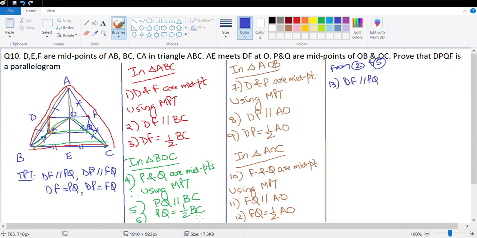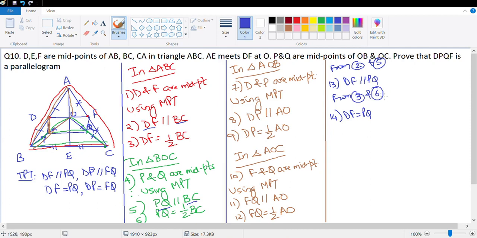Perfect. 2 and 5, which is DF parallel to BC and BC parallel to PQ, which means DF is parallel to PQ. And then from 3 and 6, what I get is number 14, which is DF is equal to PQ. So I've got one pair of opposite sides equal and parallel.